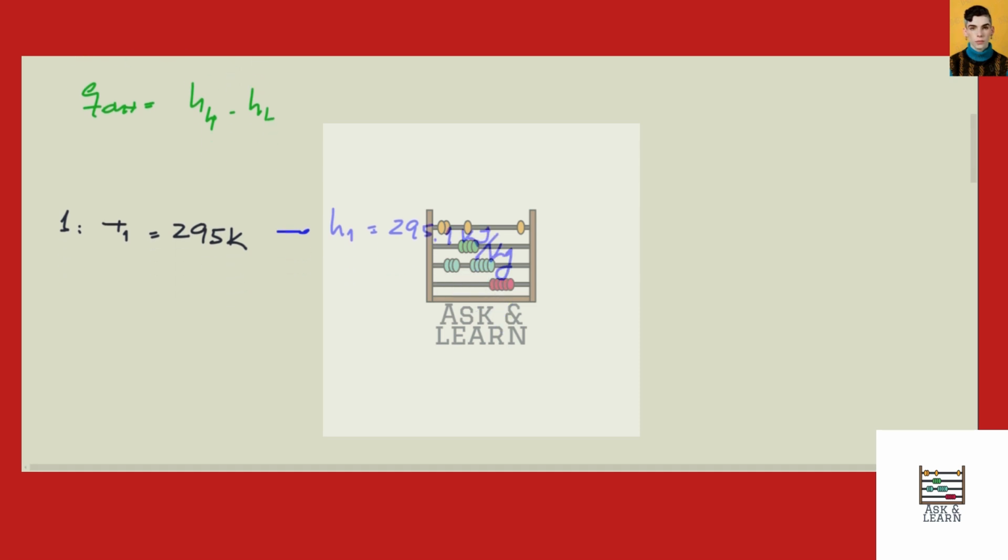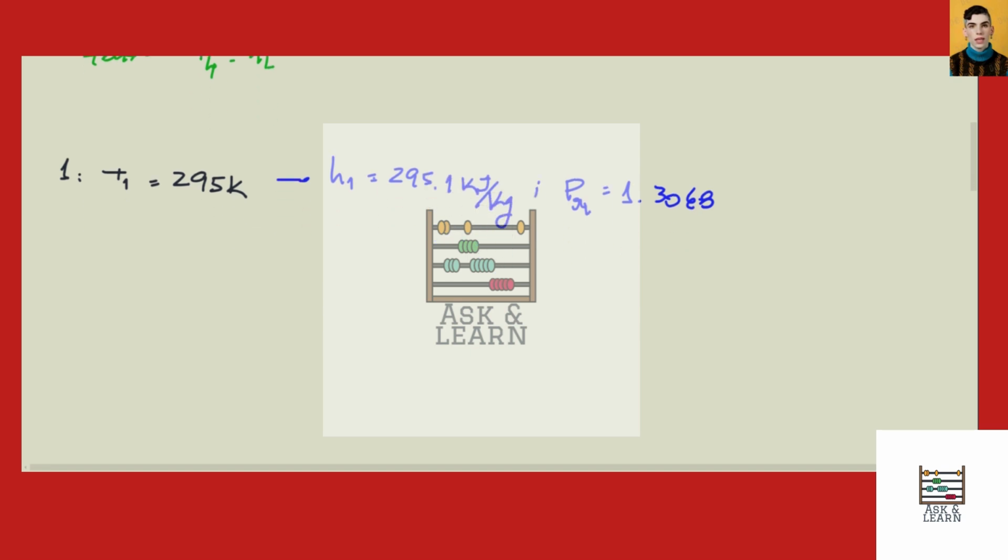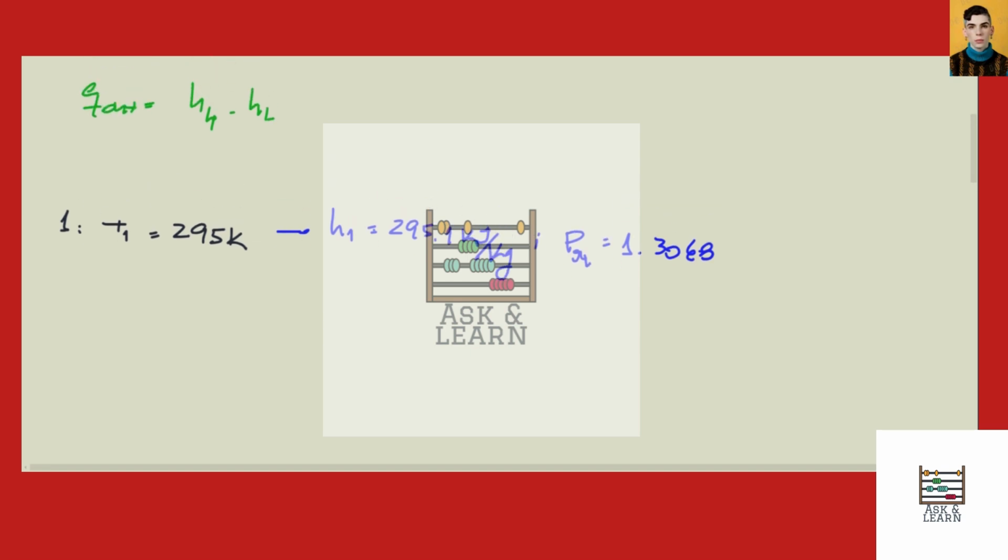And we also know that the relative pressure in point 1 is going to be 1.3068. So we already have the first variable, which is H1, the enthalpy in point 1.